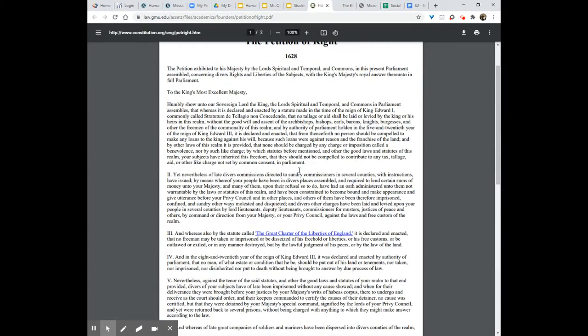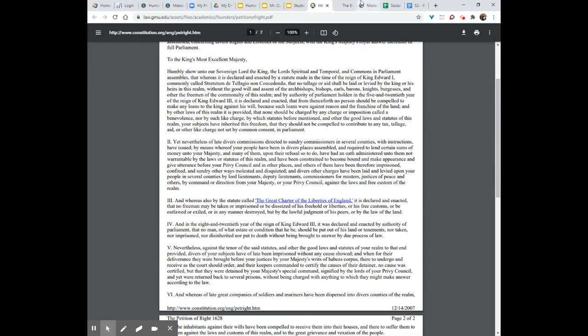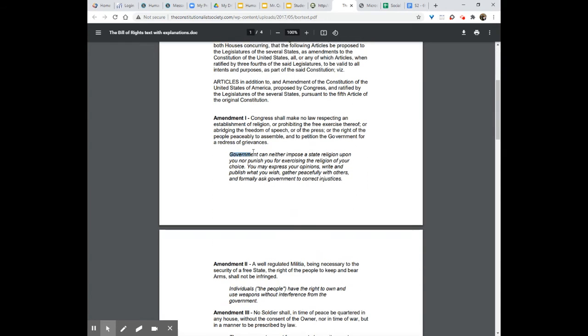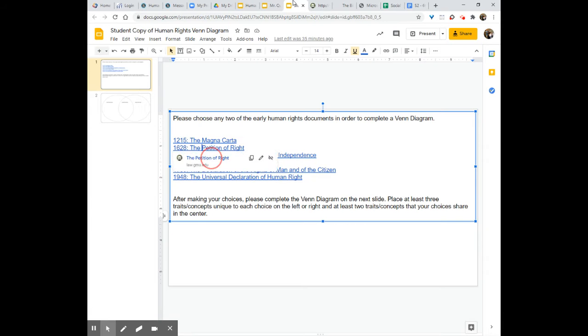Look for things that are unique. Break things down into chunks. Look for the ones that might be easier with the annotations, these little notes here that you can read. That's going to make this much easier. All right? And you're just going to find some things that are unique to each document and find some things that they share.